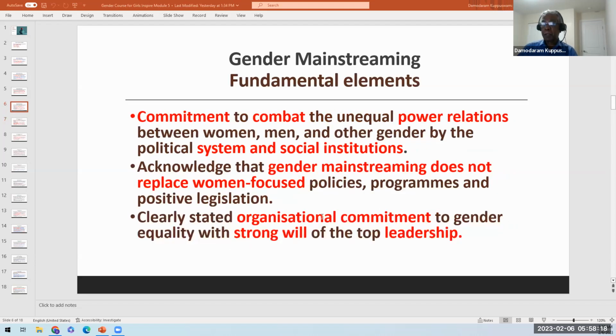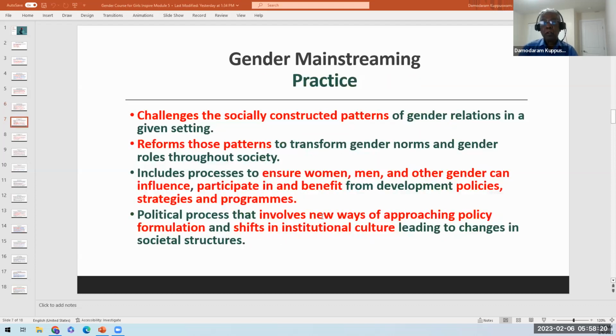How is this practiced? Wherever we are, we find that people are saying that they are involved in mainstreaming. One is certainly, as we said, that it must be challenging the socially constructed patterns of gender relations.